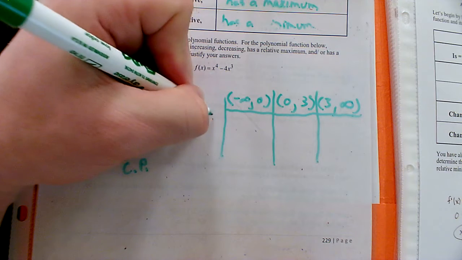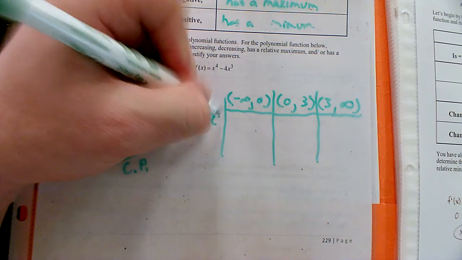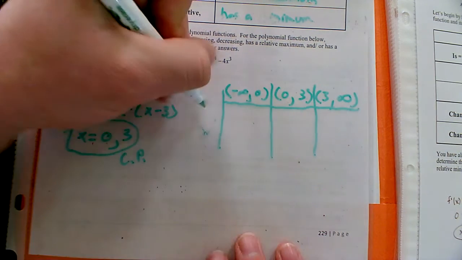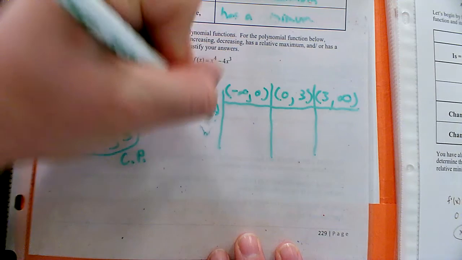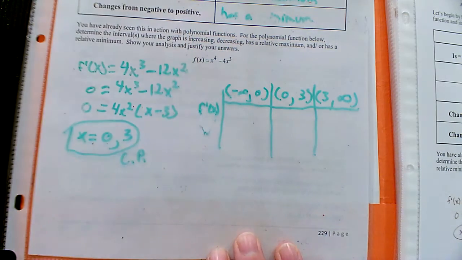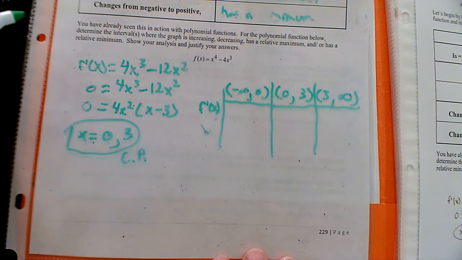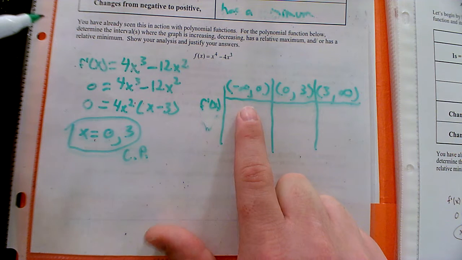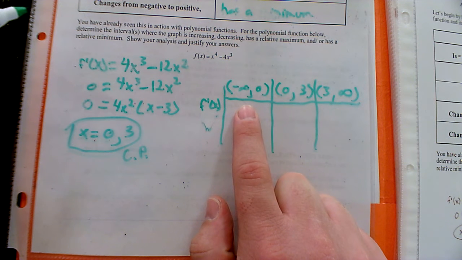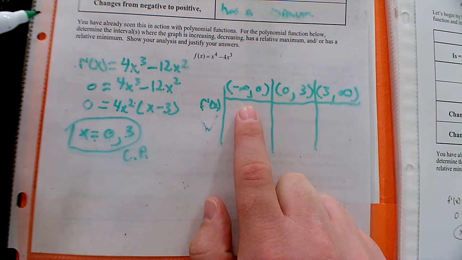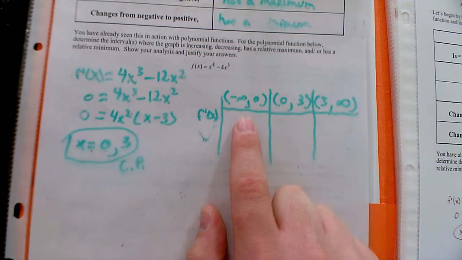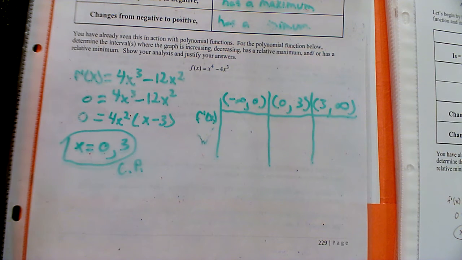If you want to, along the side, we're going to label f prime of x for the first one. And we'll leave that. So f prime of x. So within this interval from negative infinity to infinity, is f prime of x positive or negative?